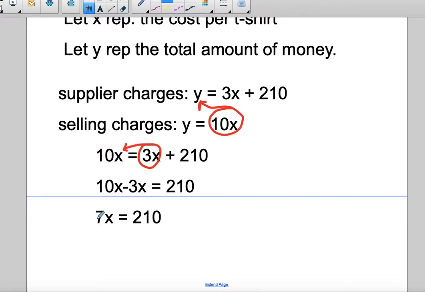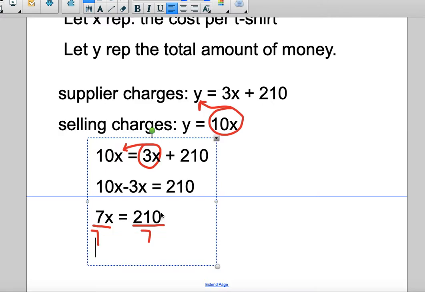Here we divide out that 7, 7 from both sides, because what we do to one side, we do to the other. And then we've got x is equal to 30.